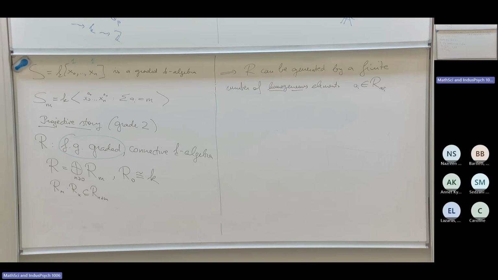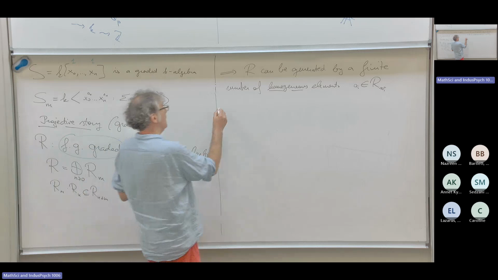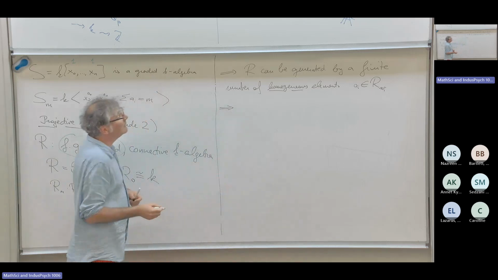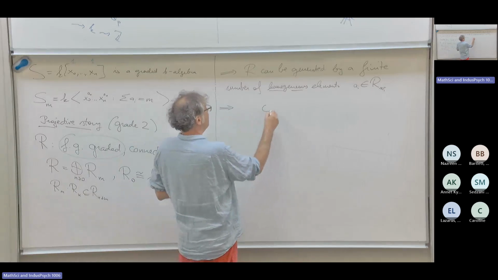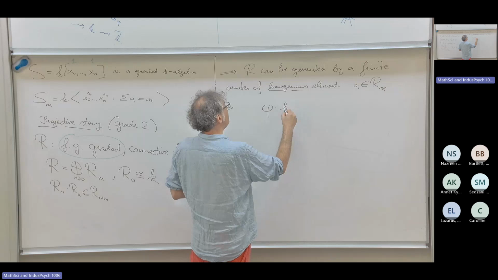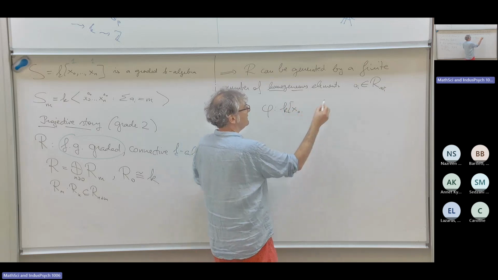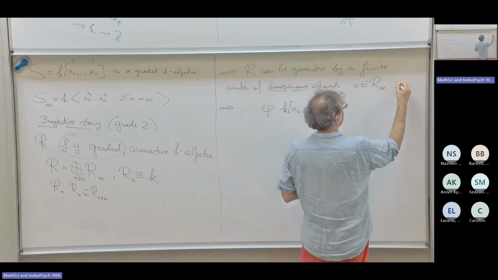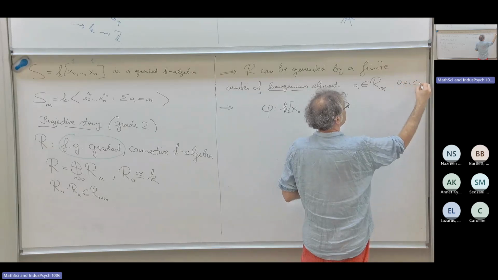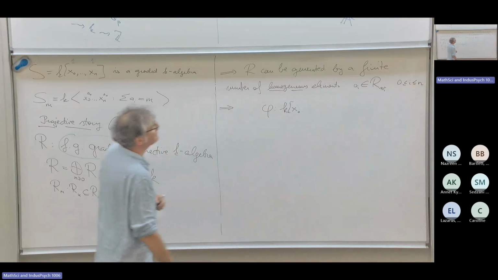I wanted to create that homomorphism. So now I'm going to get phi from a free polynomial algebra, with generators ai, for 0 less or equal to i less or equal to n.